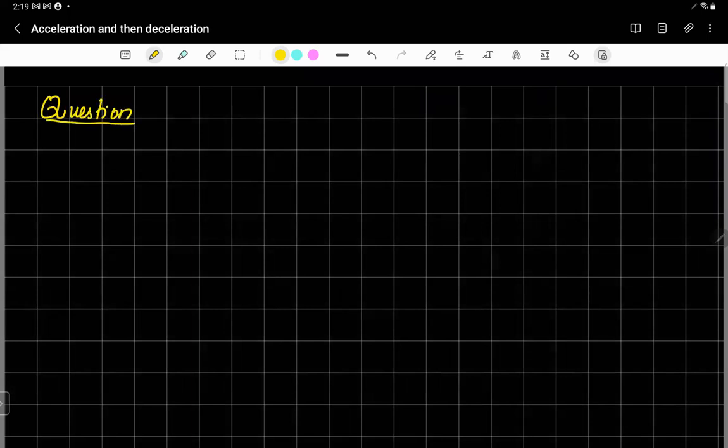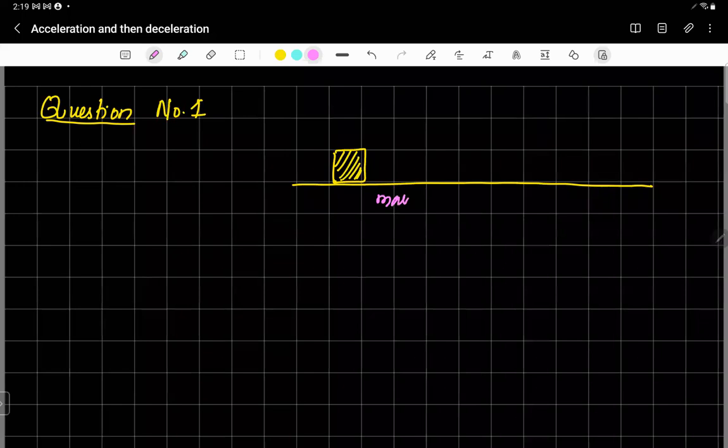The question number 1. There is an object resting on a horizontal surface. Its mass is 7 kg and the coefficient of friction between the surface and the block is 0.4.